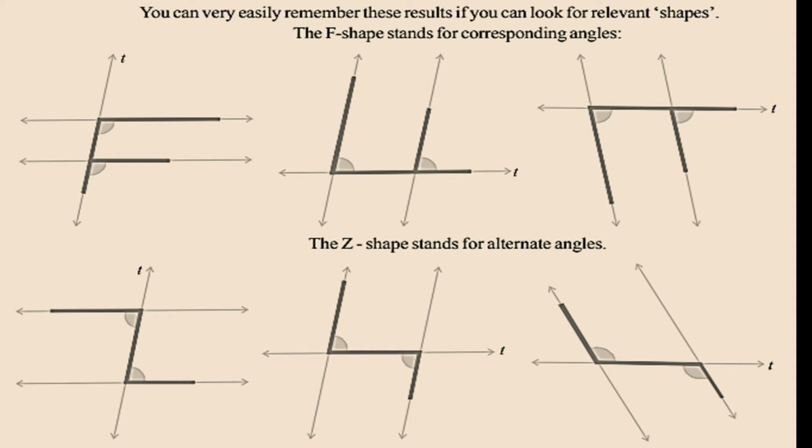You see alternate angles, you can say the shape Z. In all three diagrams you will get a Z shape, meaning alternate interior angles. So that easily we can find the corresponding angles and the alternate interior angles.